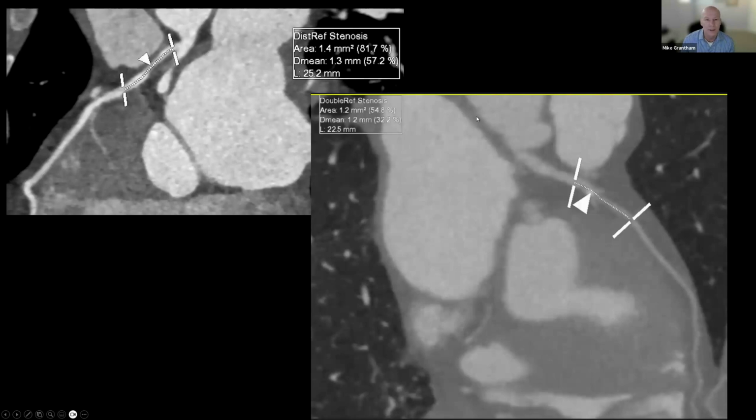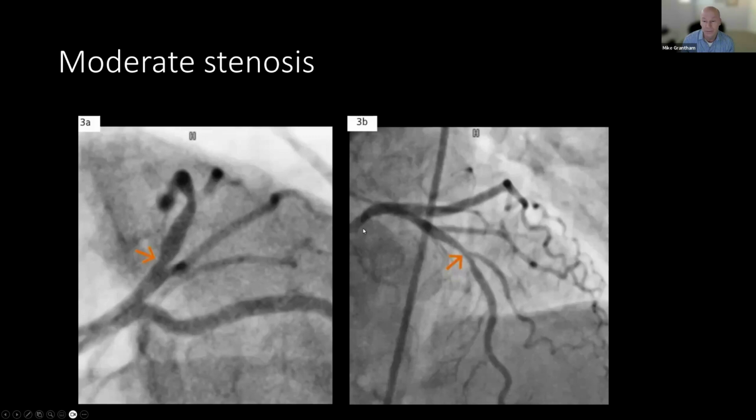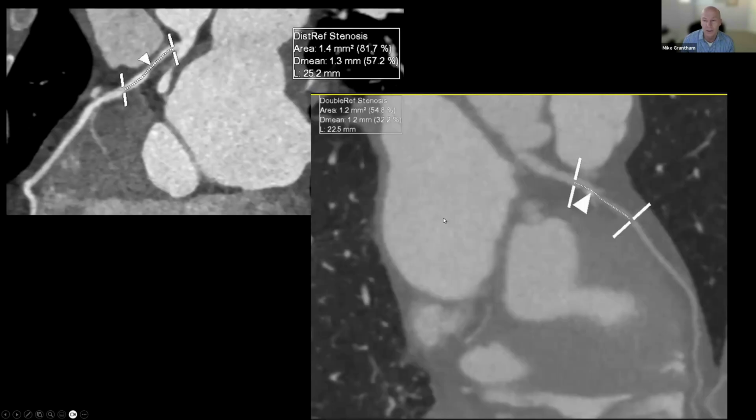Not all of us have the same size coronary arteries, which is a factor. Most of the time with invasive coronary angiography and conventional CT, we're using percent stenosis to decide whether a patient needs treatment. And it's really a more complex problem than just percent stenosis to determine if they have ischemia.